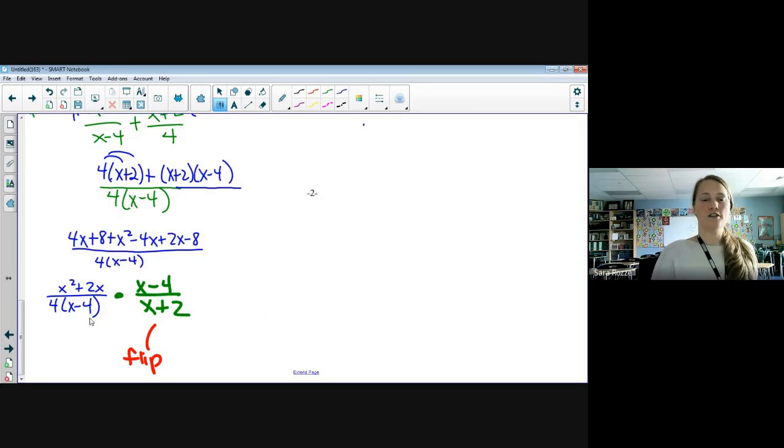Is everything factored and ready to go, or do we need to do a tiny bit of factoring? A tiny bit right here? Yeah. What's in these two that can be pulled to the front? An x. Okay. So that's got an x, and then it'll be x plus 2.